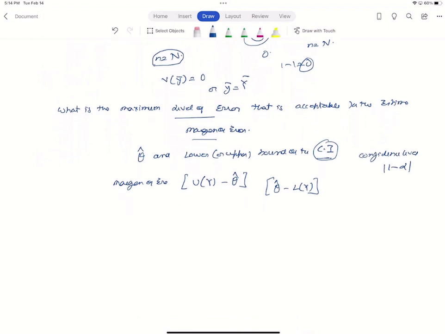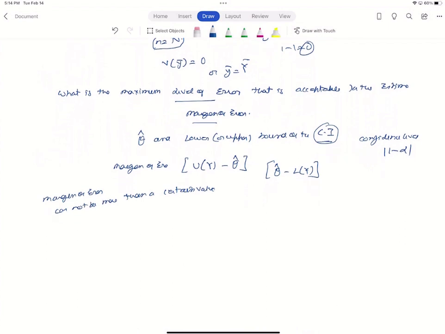First of all, we have to stipulate that the margin of error cannot be more than a certain value. Once we did that, we go through a series of steps.